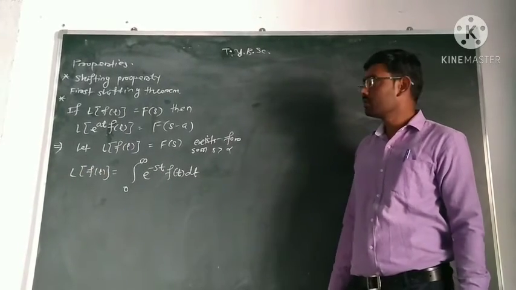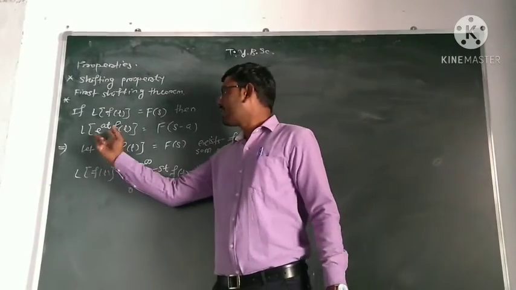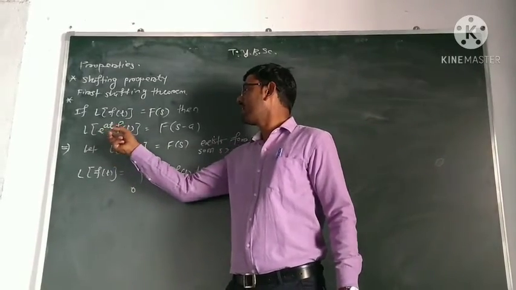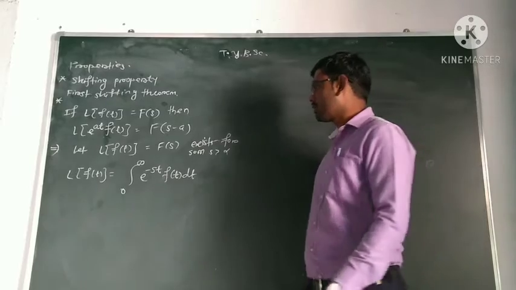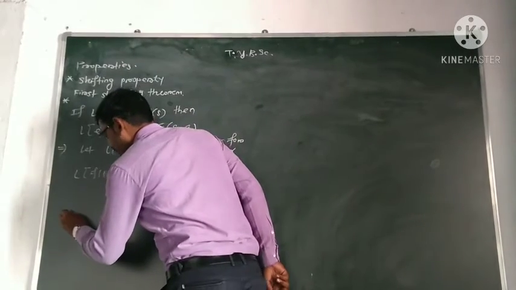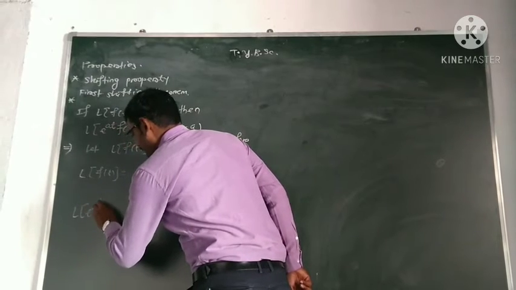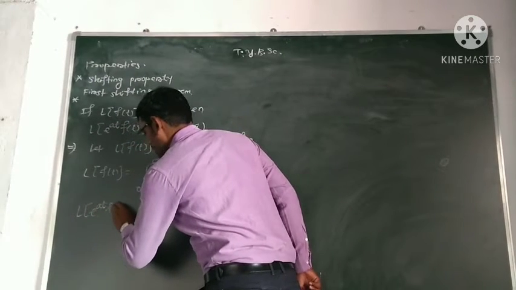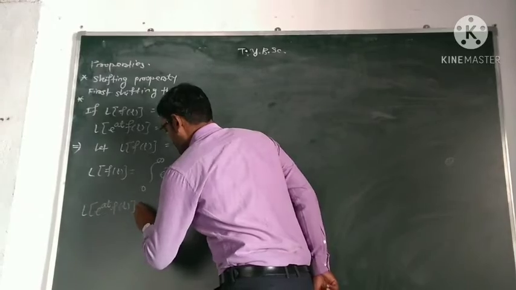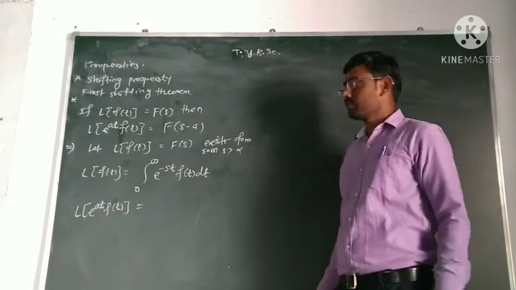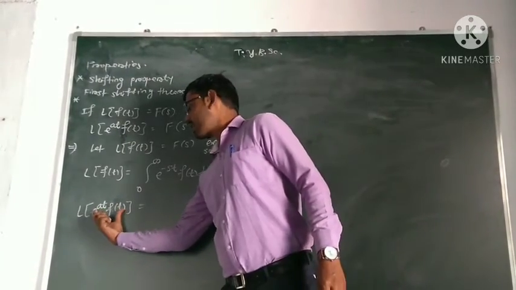Now we have to find Laplace transform of e raised to power at into f of t. So using the same definition, here the function is e raised to power at into f of t.